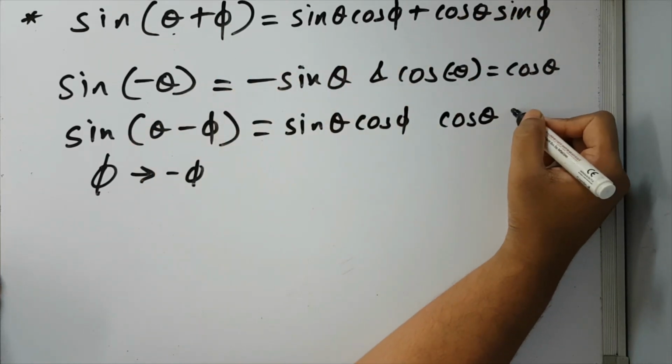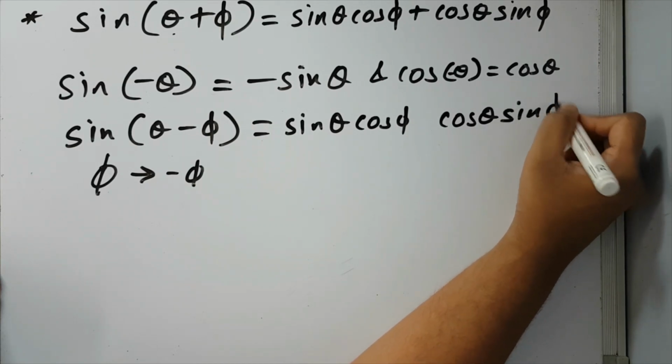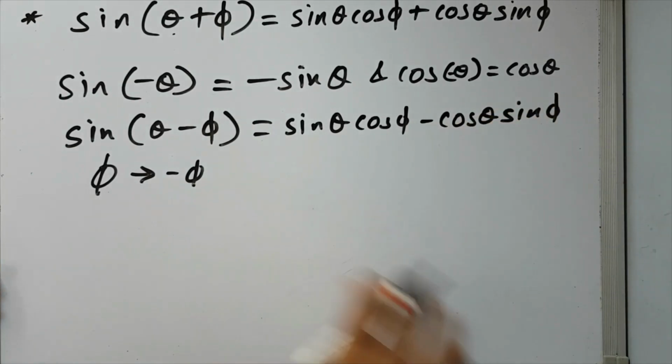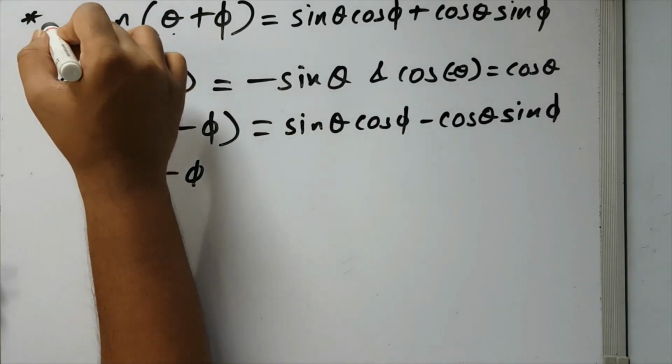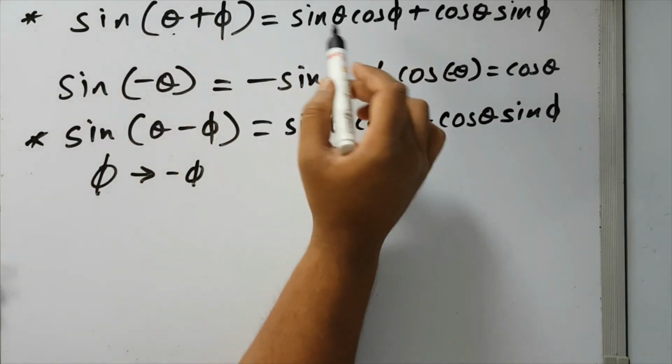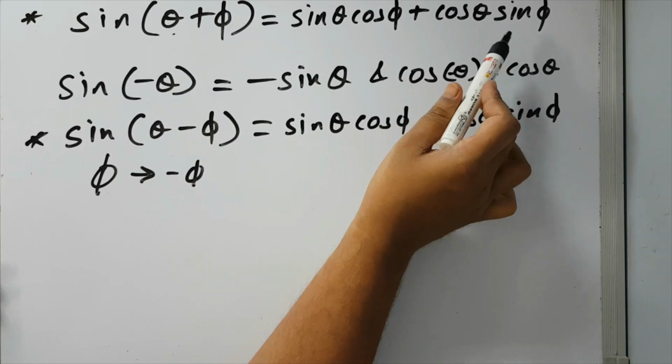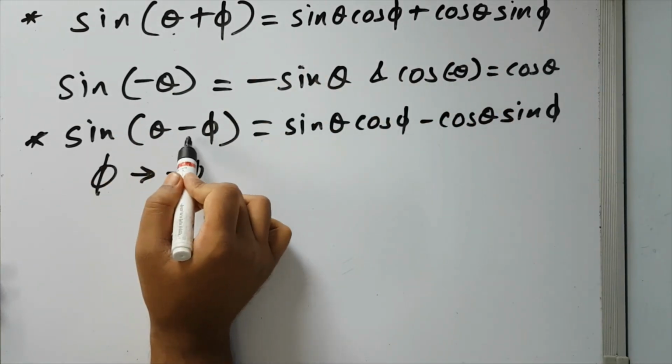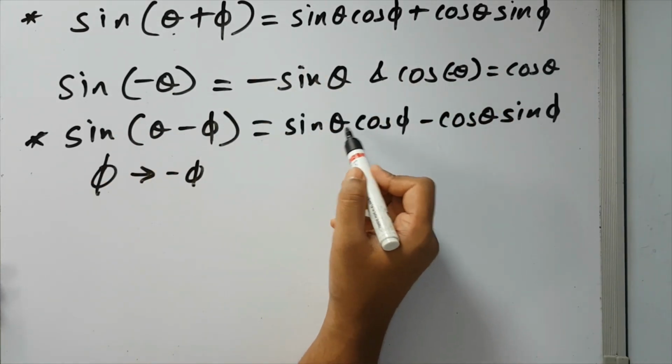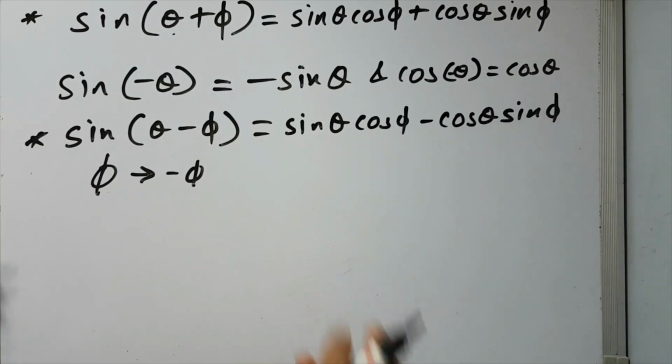Sine of minus phi is minus sine phi. So there you have it. Sine of theta plus phi is equal to sine theta cos phi plus cos theta sine phi, and sine of theta minus phi would be sine theta cos phi minus cos theta sine phi.